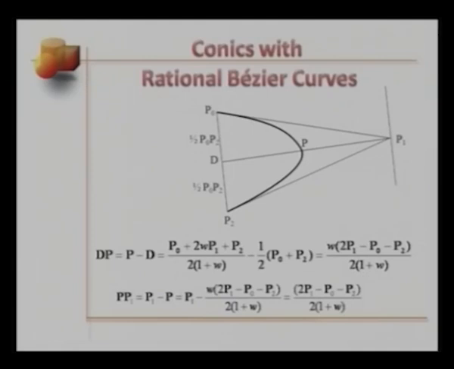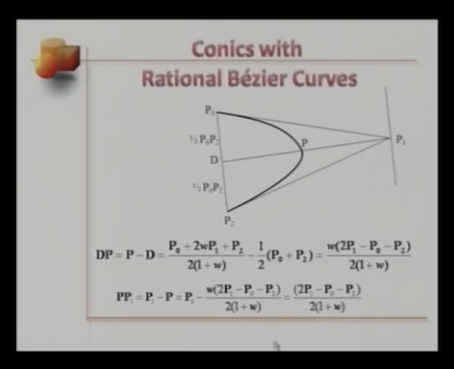Now, the distance PP1 would be the magnitude of the vector PP1 here, which is P1 minus P, which is equal to P1 minus W times (2P1 minus P0 minus P2) over 2 times (1 plus W). Upon simplification, that is 2 times P1 minus P0 minus P2 over 2 times (1 plus W).